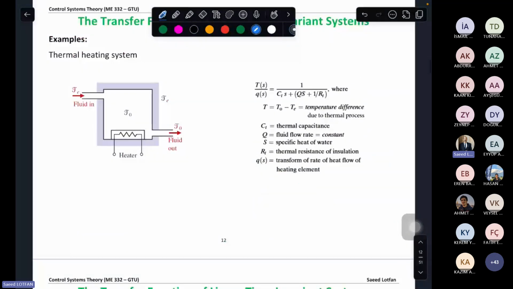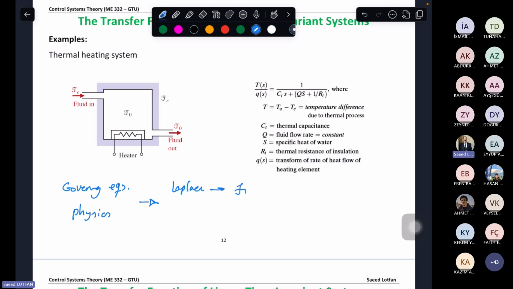So generally what we have so far is that we have some governing equations coming from physics, and then we change them by Laplace transform.